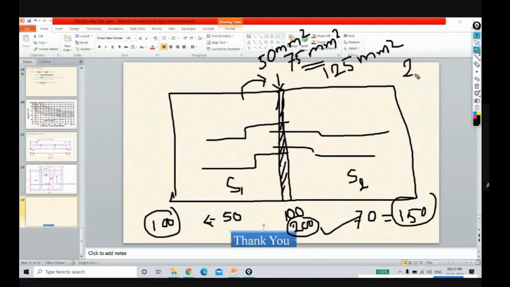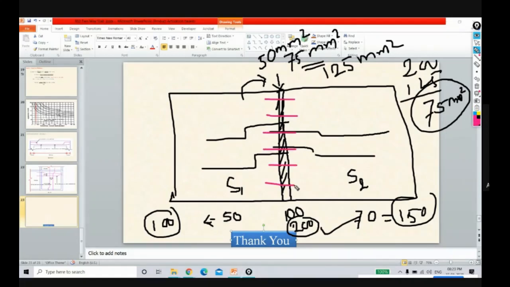So 200 minus 125 is near about 75 mm². Whatever extra 75 reinforcement is required, we provide as an extra bar.